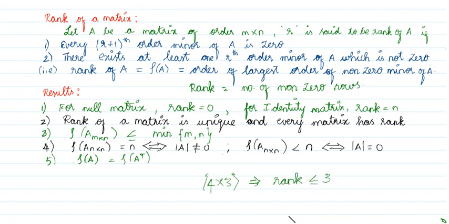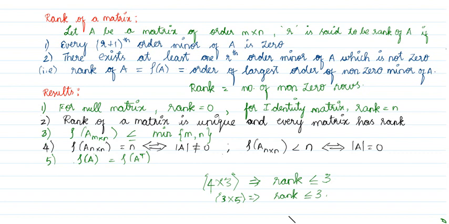What is the minimum of 4 comma 3? 3 is the minimum, right? So the maximum rank can be 3, or it can be 2 or 1. And if it is 3 cross 5, here also the rank can be less than or equal to 3. It can be either 3, 2 or 1 depending upon the matrix, but it cannot be greater than 3.